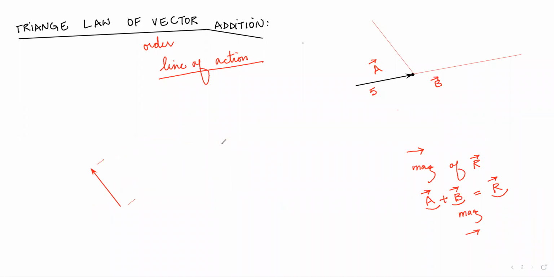So students, once we have understood the concept of line of action, I bring this vector back here. Now, students, we want to add these two.